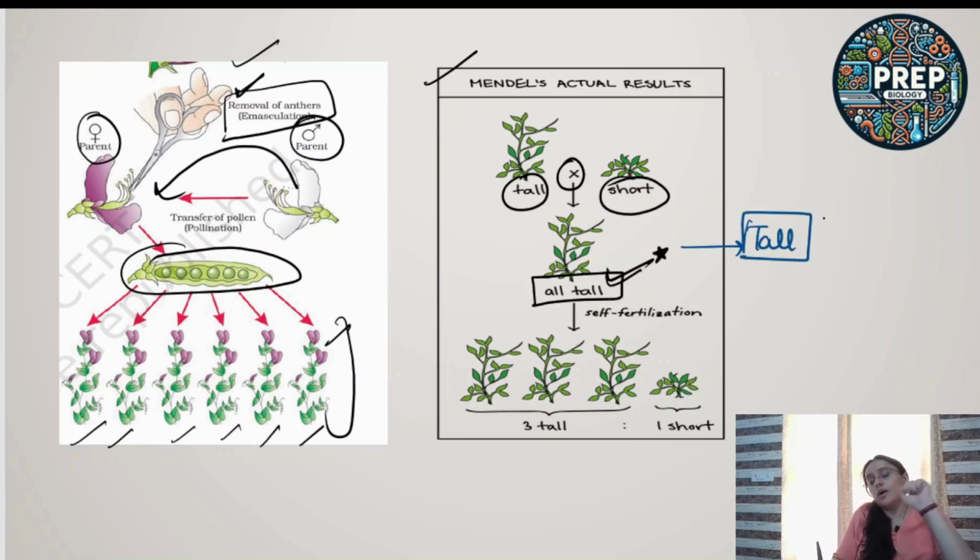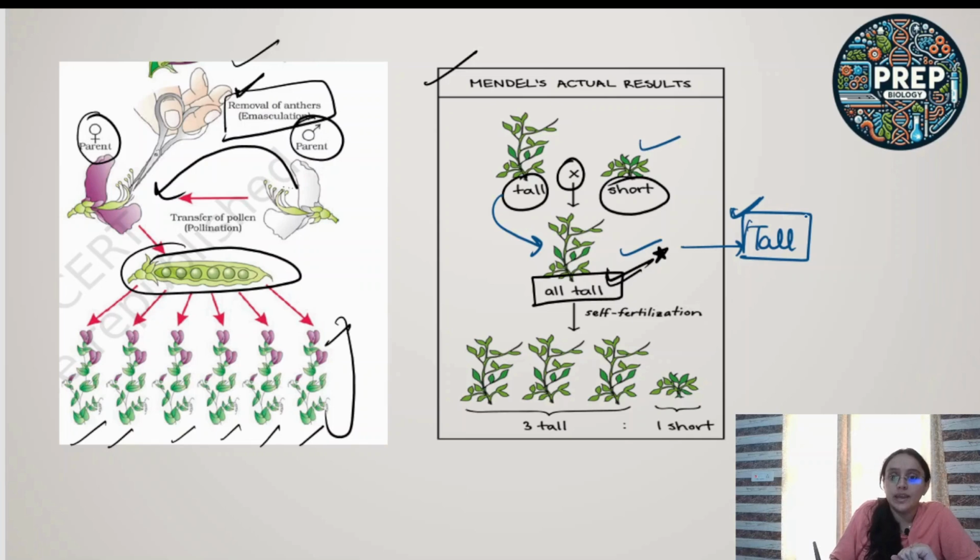So at this point he found that something is transferred from one generation to the next generation, and also that one character of a parent is shown in the next generation, and the other character does not express itself.